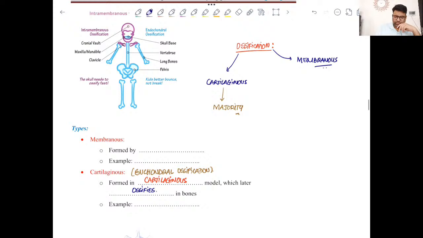Clear? So you can take the example as all long bones except clavicle. Clear? So this is the cartilaginous model.